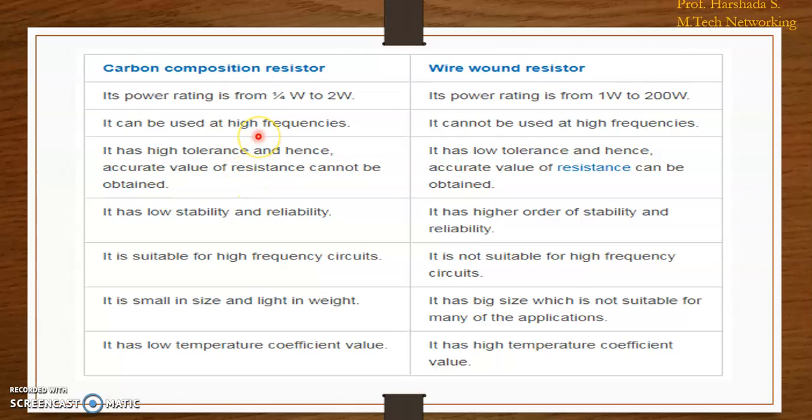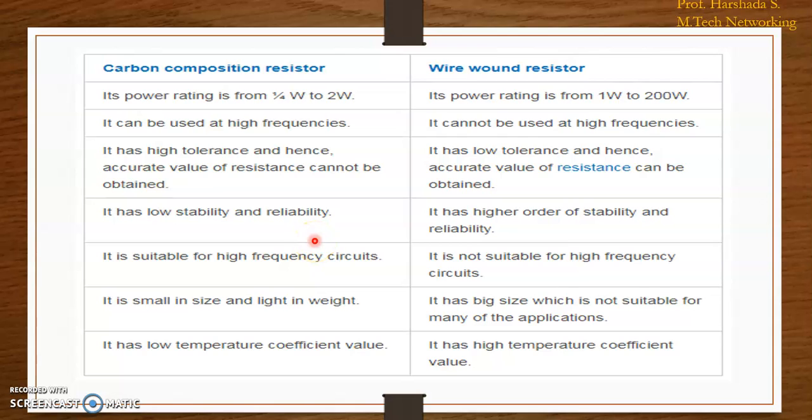Why? Because it has high tolerance. So that's why an accurate answer is not coming from carbon composition. In wire wound, resistance is low, so an accurate value is there.